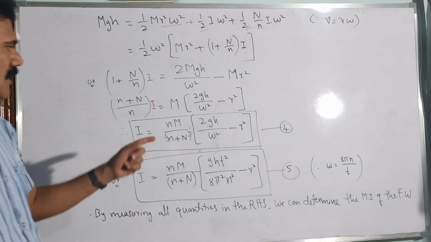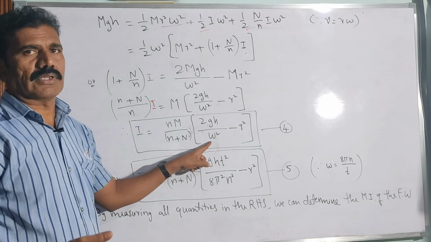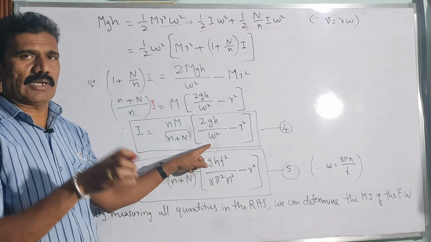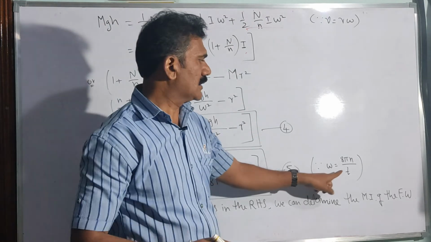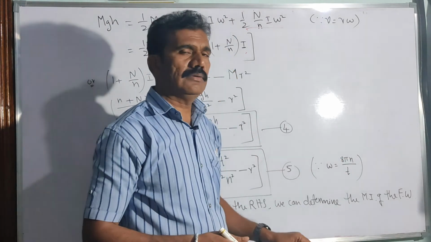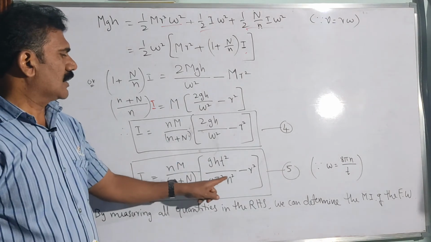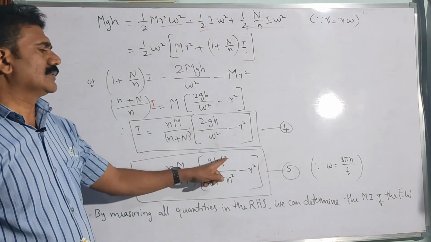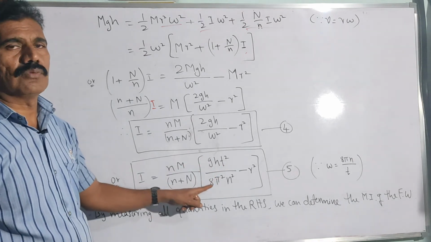Okay. And further if I substitute the equation for omega in terms of the number of rotations, which you are finding experimentally with respect to time t, that is actually given by, as per the earlier equation, omega is defined as 8 pi n by t. Substitute that, omega square is equal to 8 square pi square n square by t square, which comes in the denominator. So 2 was here, okay, so you can cancel 2 and 8 square, left with only 8.